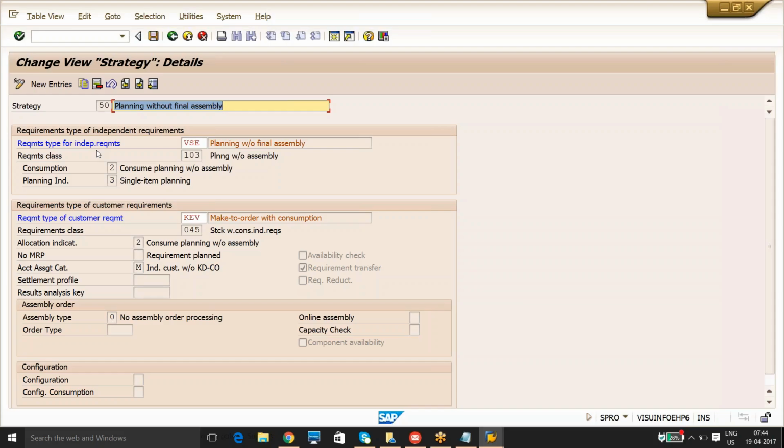If you see here, the requirement class is something different, and the requirement class for customer requirement is also different. For independent requirement, it is planning without assembly. So I need not bother about what my assembly requirements are.